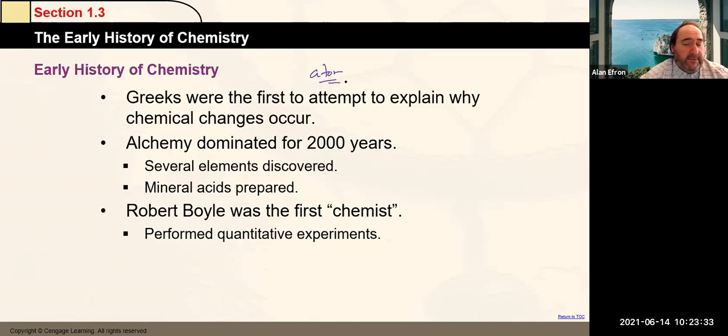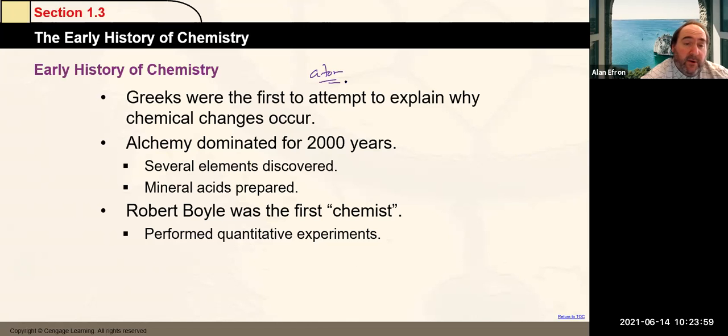And a lot of work was done, obviously, in early years, trying to understand the nature of the atom. Several elements were discovered. Robert Boyle was considered the first chemist. He did a lot of quantitative experiments. Quantitative means that it involves numbers, values, calculations.